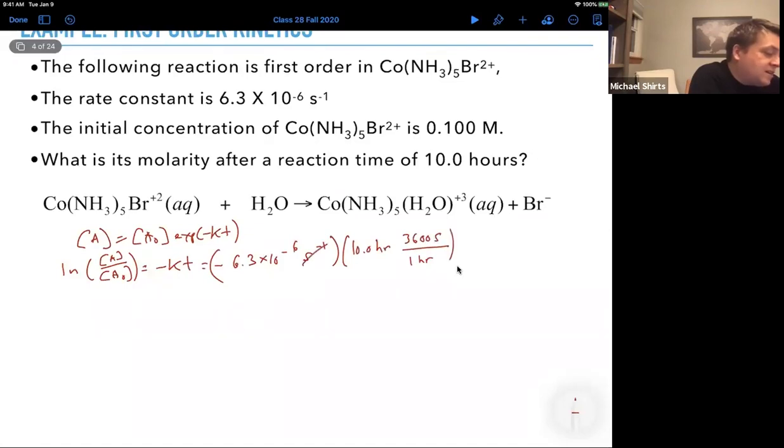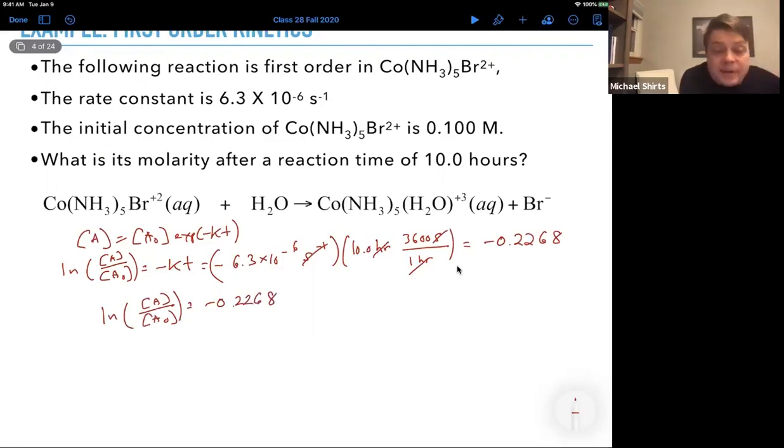The seconds cancel, the hours cancel, and a logarithm of a ratio of concentrations should be a pure number, so we shouldn't see any units here. It equals minus 0.2268. All right, so we have log of the ratio of concentrations equals minus 0.2268.